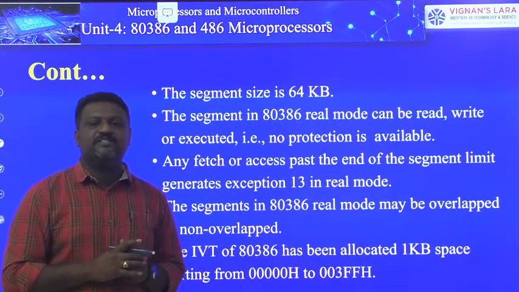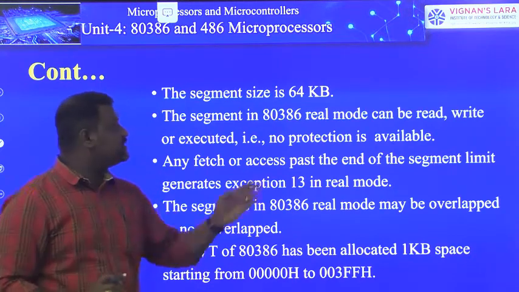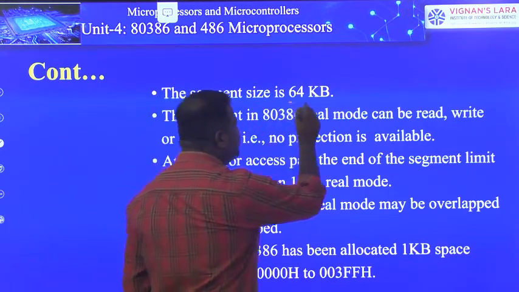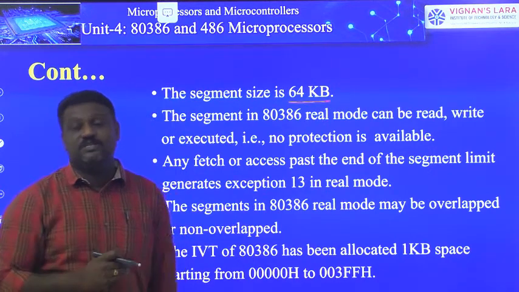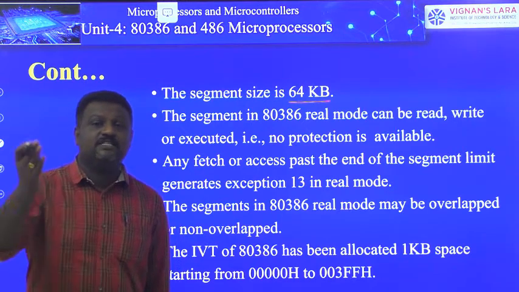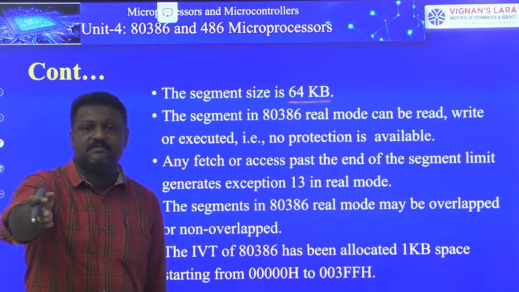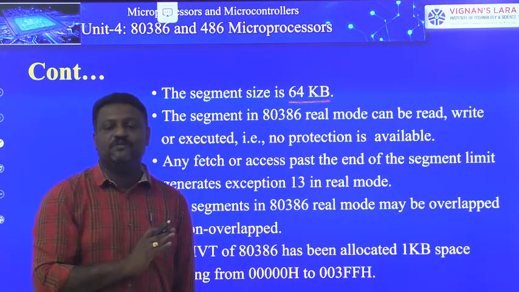Next important thing is that in real mode of operation, the segment size is only 64 kilobytes, because the 8086 segment size is 64 kilobytes. In real mode operation, the 80386 just acts like a fast 8086, so the segment size is only 64 kilobytes.